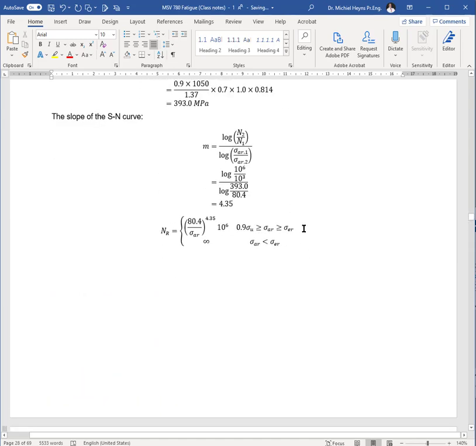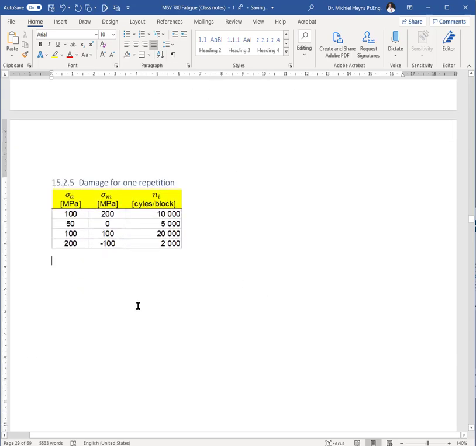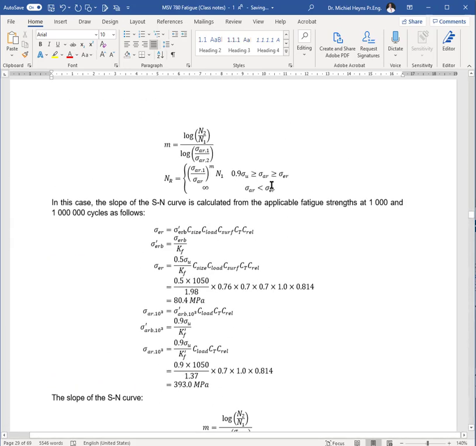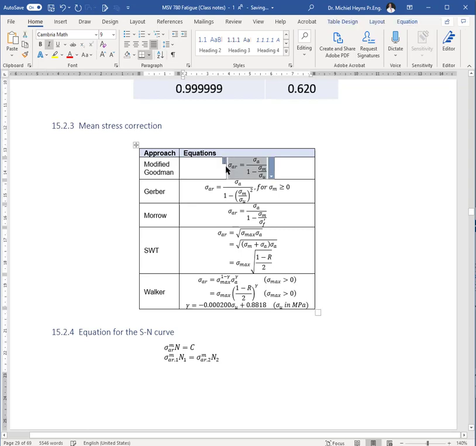The SN curve is given by this equation, but we first need to calculate, as our step one, the equivalent completely reversed stress amplitude from the modified Goodman mean stress correction. This is our equation, Control C.